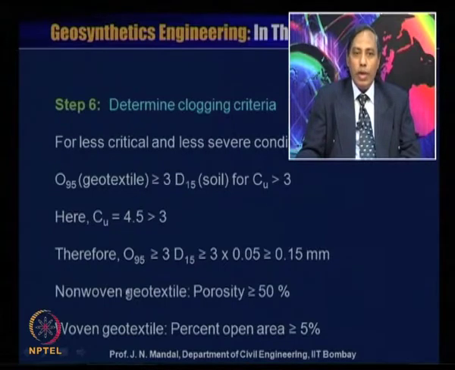Therefore, O95 should be greater than or equal to 3 into D15, that is 3 into 0.05, which is 0.15 millimeter. And for non-open geotextile, porosity should be greater than or equal to 50%; for open geotextile, percent open area should be greater than or equal to 5%.